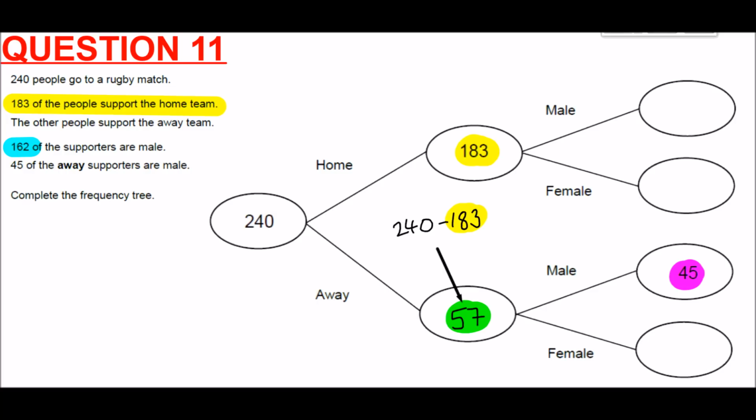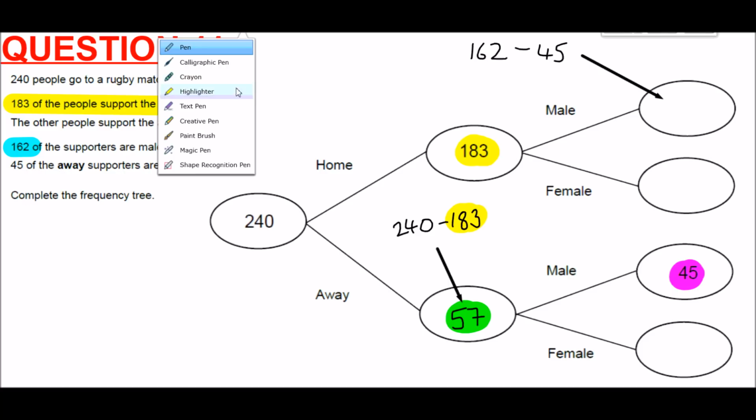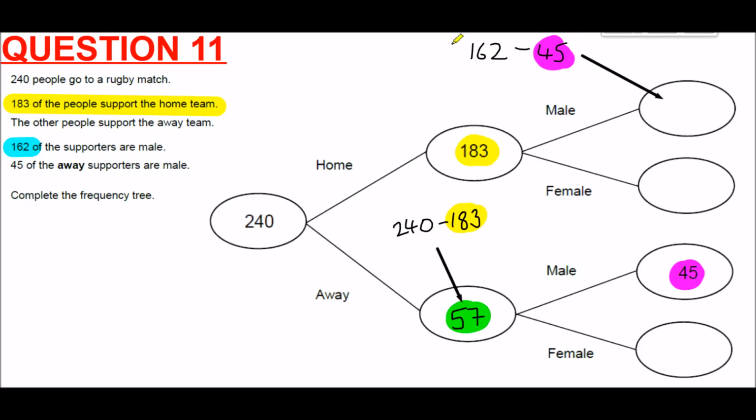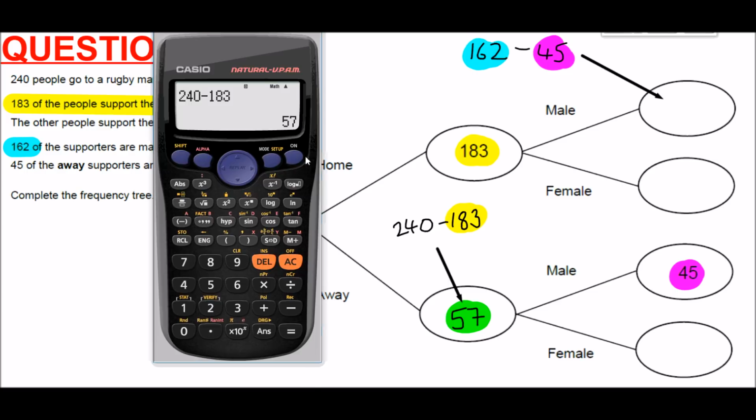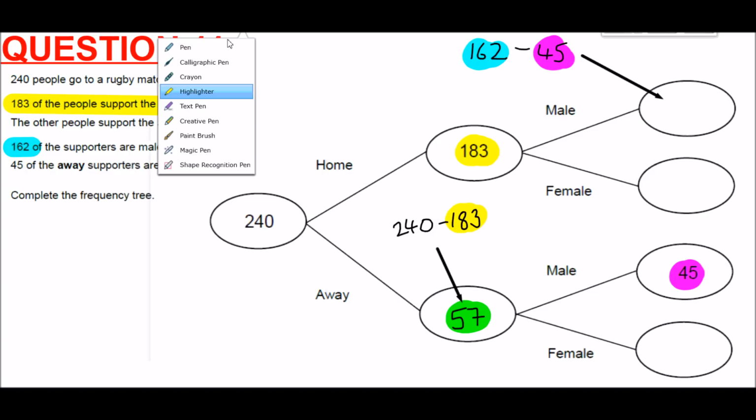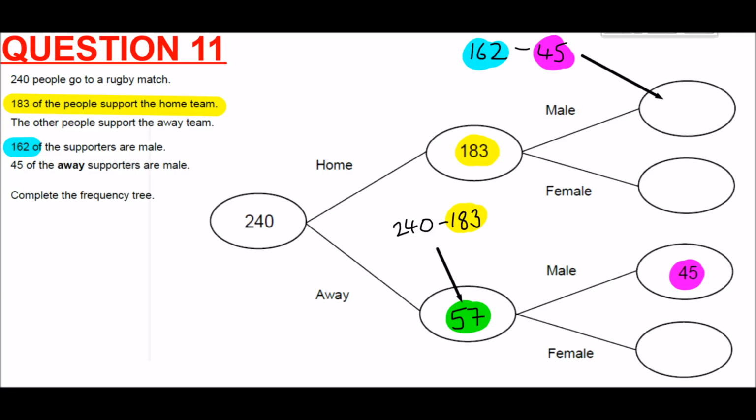So the number of male home supporters will be 162 subtract 45. So if we try that, 162 minus 45 is 117. So there'll be 117 male home supporters.